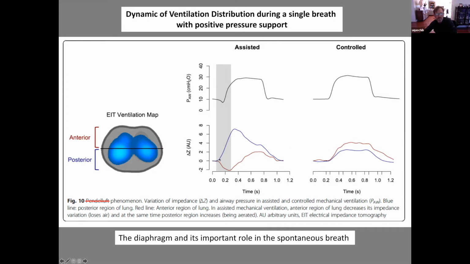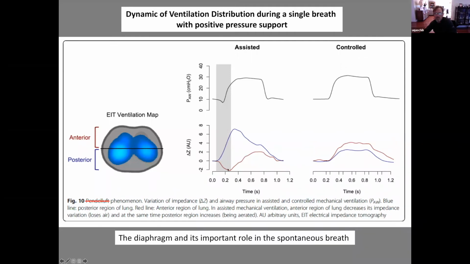Whereas if we assist, that means we use the diaphragm, you can see that the posterior part of the lung is taking the first brunt of the volume change, whereas the anterior part is almost doing the opposite, losing volume.